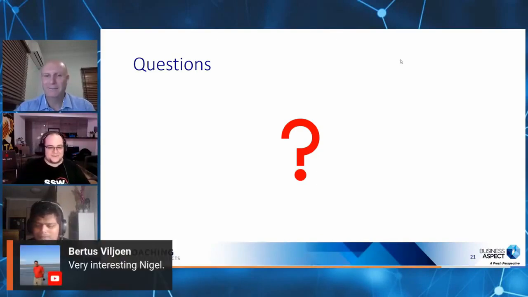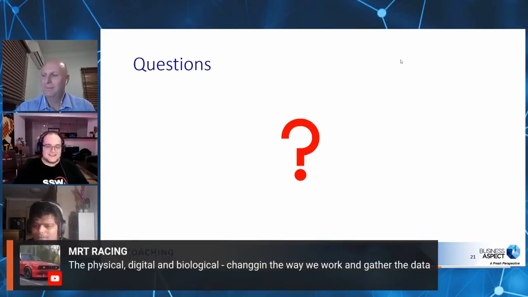Okay, here we have from Bertus, very interesting, Nigel. That's also a very good comment. From MT Racing: the physical, digital, and biological, changing the way we work and gather the data. I think somebody Googled. That's very similar.